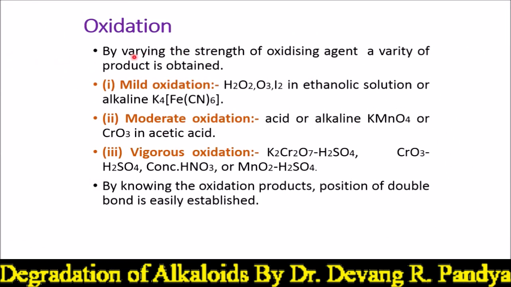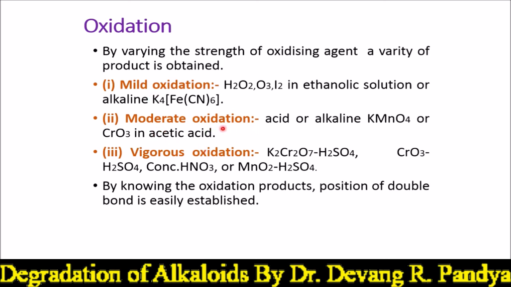Another oxidation process: by varying the strength of the oxidizing agent, a variety of products can be obtained. If we use milder oxidizing agents such as hydrogen peroxide or ozone or I2 in ethanolic solution or alkaline K4Fe(CN)6, we can carry out a mild oxidation process to identify the different substituents attached to the heterocyclic ring structure of alkaloid.